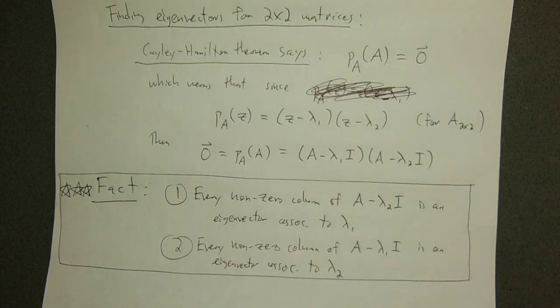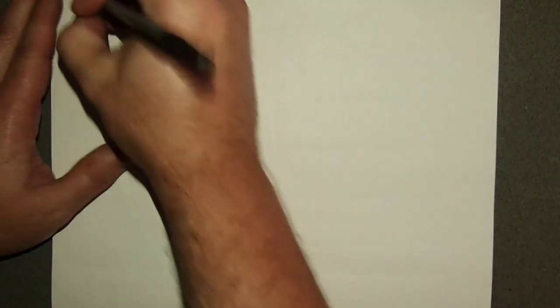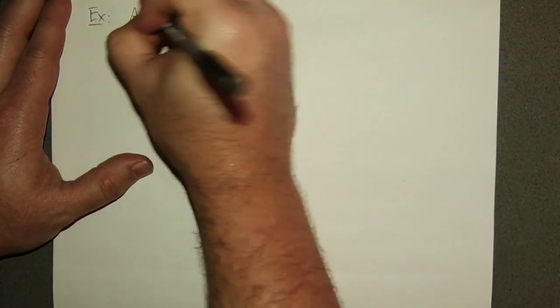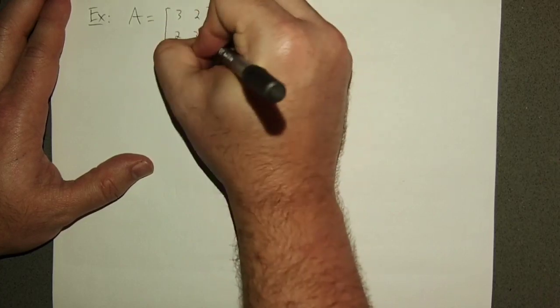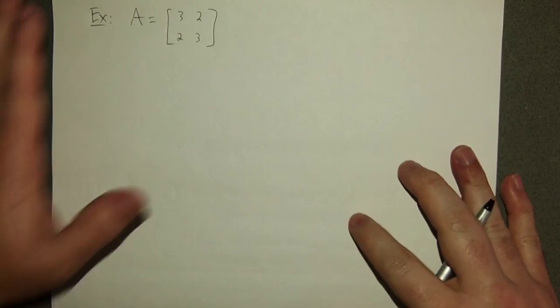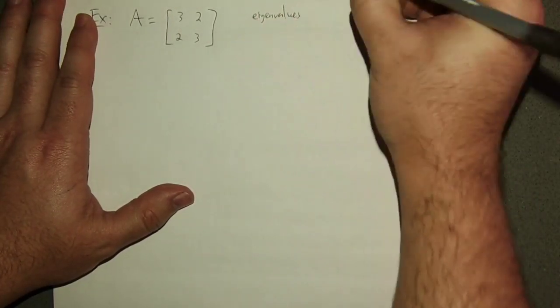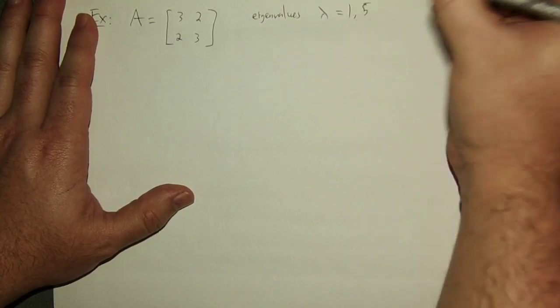All right. And so let's use this to go back to that example that I just did. I did an example where my matrix A, I believe, was 3, 2, 2, 3. And we had previously seen that the eigenvalues were 1 and 5.